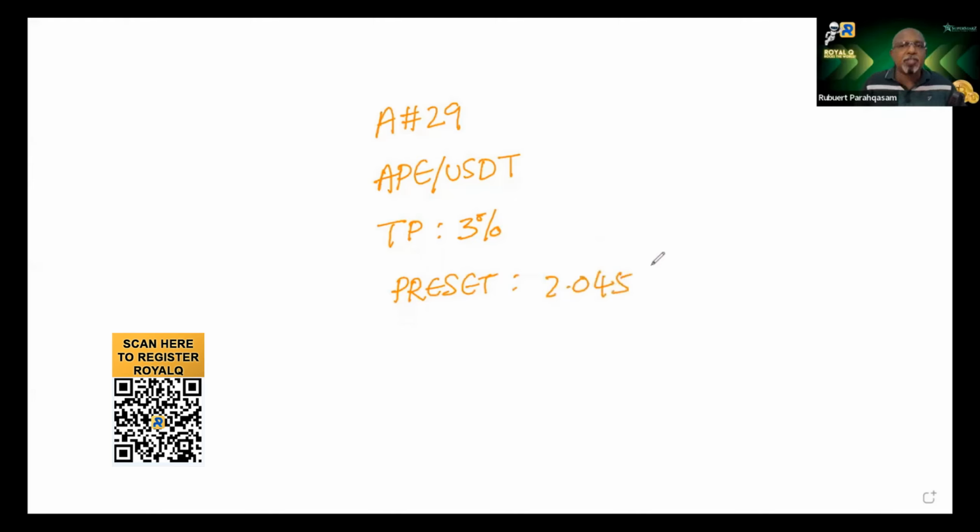This is the instruction that we will give to the robot. Then you will see TP callback. TP callback means how much the market will turn in the other direction before the robot executes the sell. Take profit callback. And then we'll have drop.